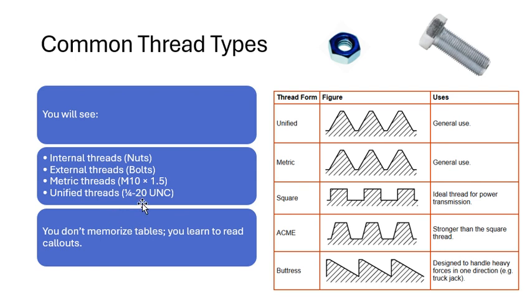Unified threads: 1/4-20 UNC. UNC is just coarse, C for coarse. It's a unified thread, coarse, meaning it's not fine thread, it's just a rough thread. You don't memorize the table, you just learn to read the callout like that, so you know which size you're dealing with.